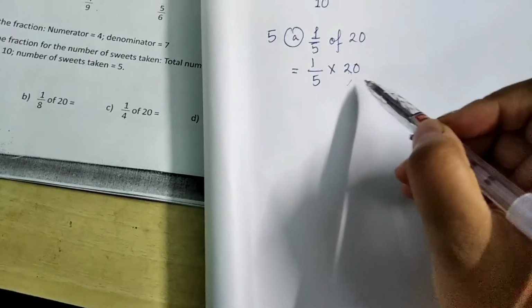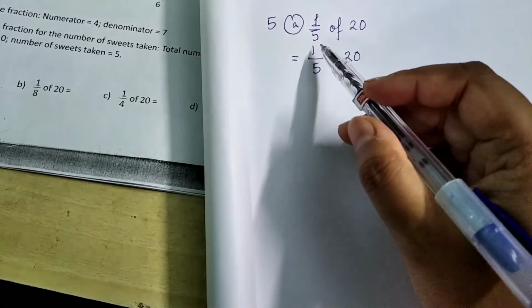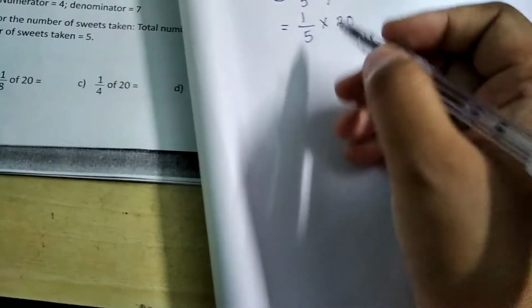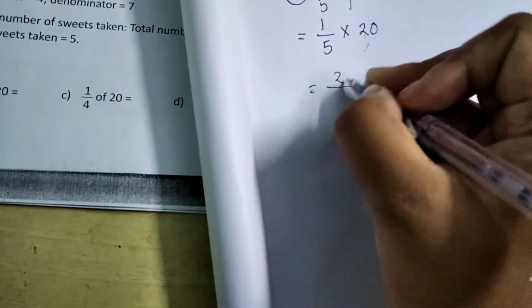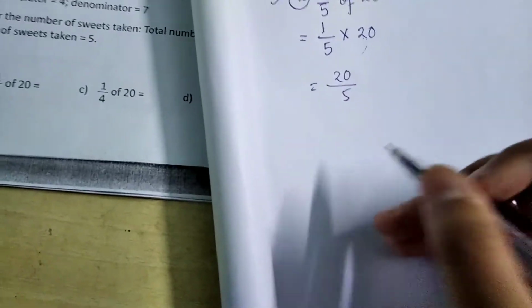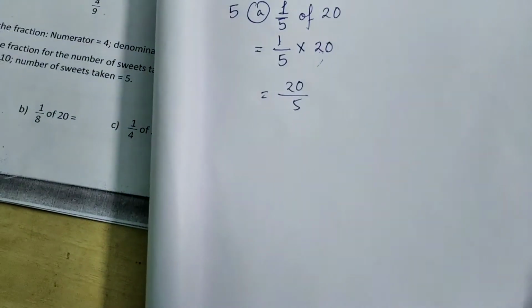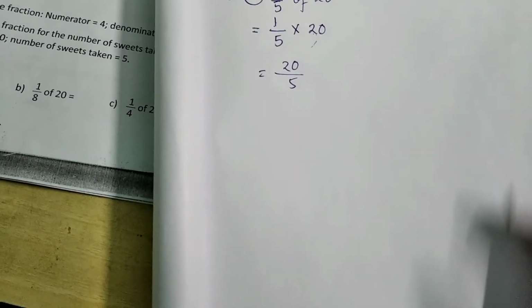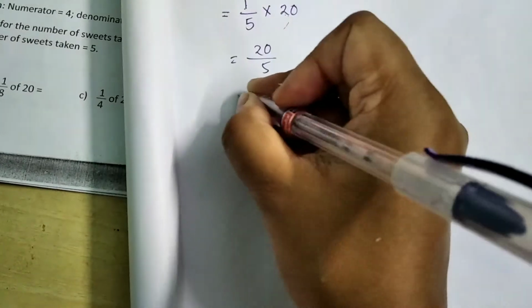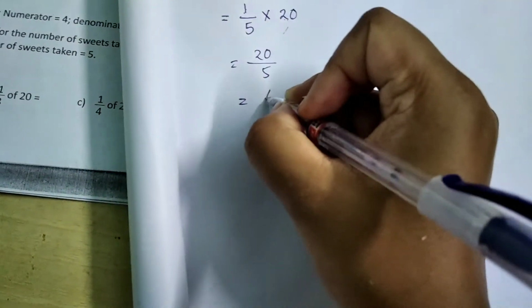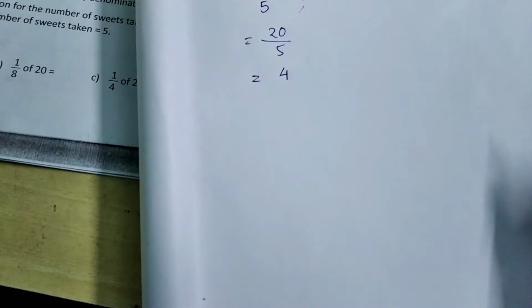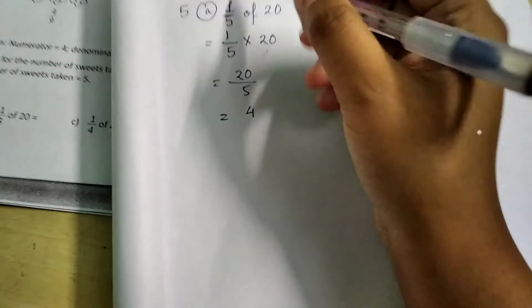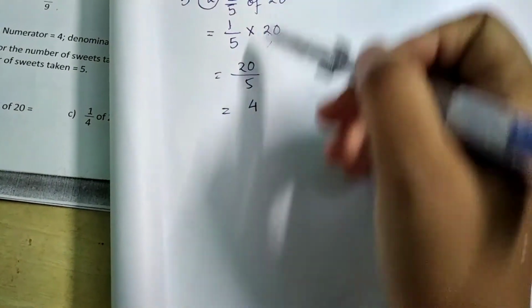So 1 into 20 is 20, and 20 by 5 means 20 divided by 5. If you do 20 divided by 5, you will get what? 5 into what is 20? The answer is 4. And if you forget it, just think 5 into what is 20, and you will get the answer. That way also you can do it.